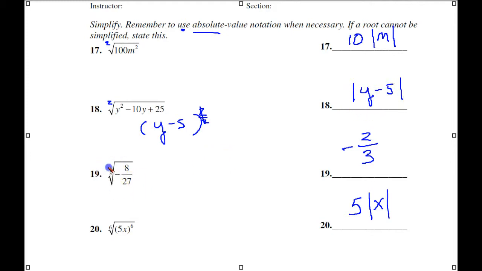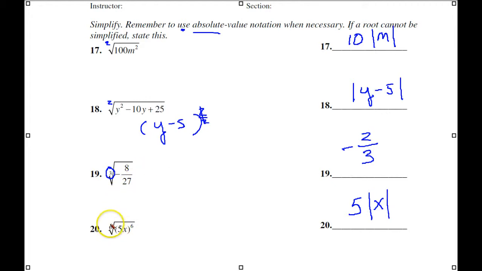Now, if the index number is 3 and we're taking the third root of something, a negative can be under the radical sign. And that then is the cube root of a negative 8 is a negative 2. And this is a 3. Okay? So actually it's a negative 2/3.